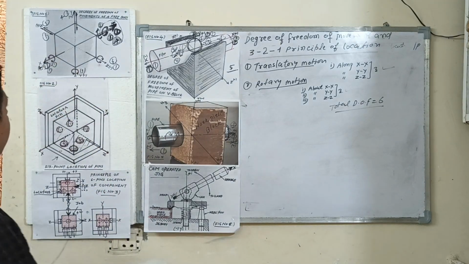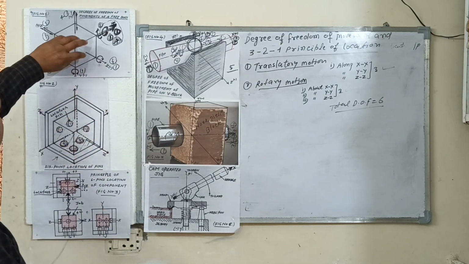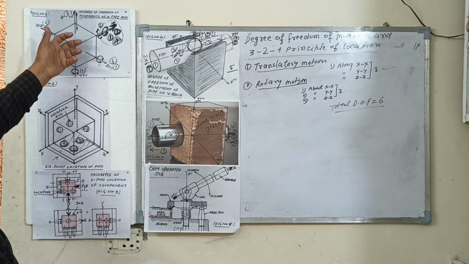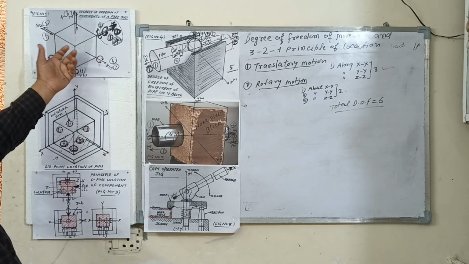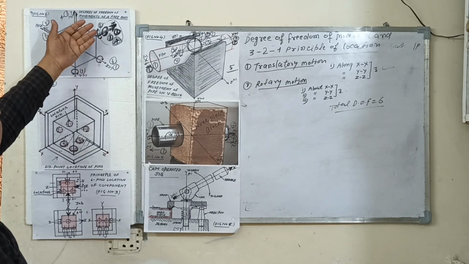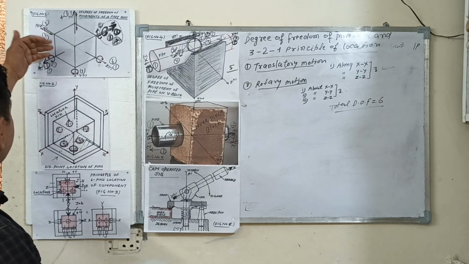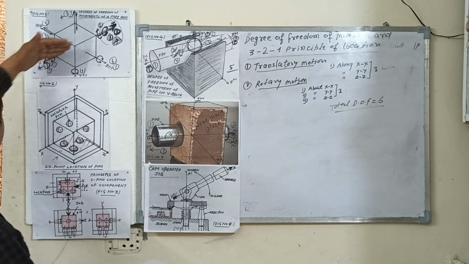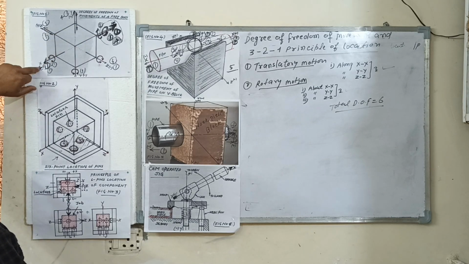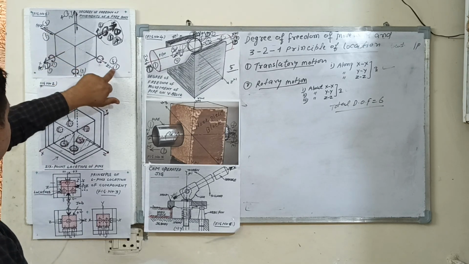In the opposite case, the body can be moved in an anticlockwise direction about the x-axis, about the y-axis, about the z-axis, and the body also moves along the negative x-axis, negative y-axis, or negative z-axis.